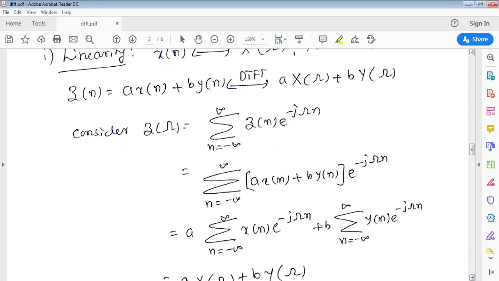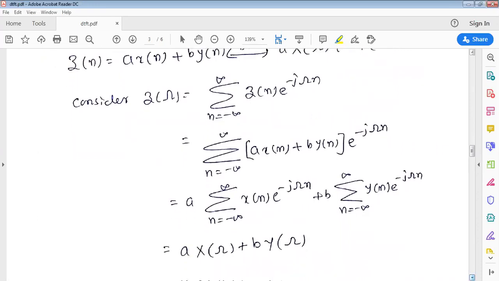Since a is a constant, I'll take it outside. Summation from minus infinity to plus infinity, x of n e power minus j omega n, plus b, which is taken outside the summation because it is in no way related to n. I'll write in a summation y of n e power minus j omega n.